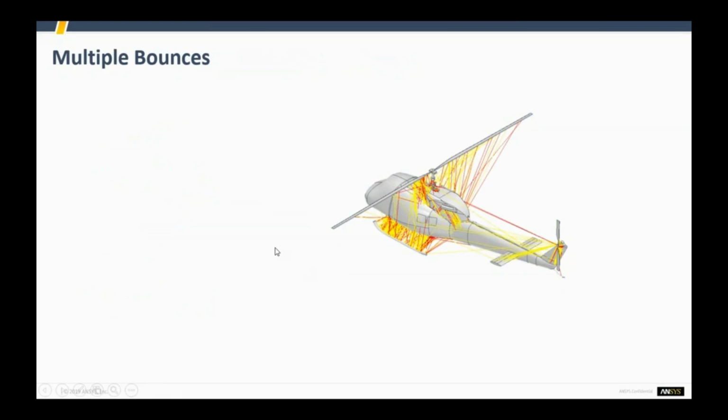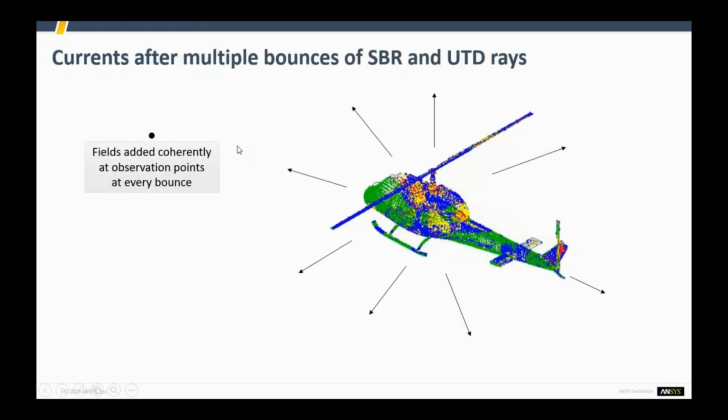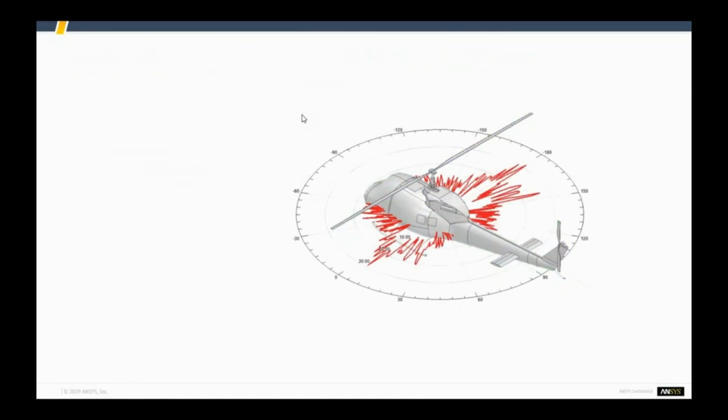Of course, the rays will bounce around multiple times, so there will be multiple bounces on the geometry. The fields are added coherently at the observation point at every bounce, so that gives an entire plot of the currents after multiple bounces of the SBR and the UTD rays.